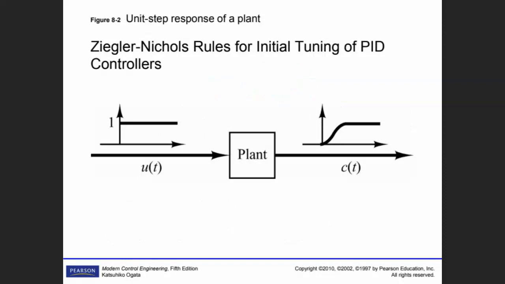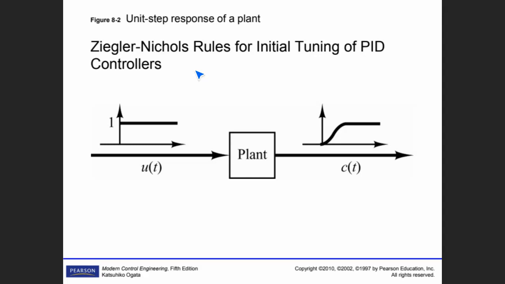Now, there are two rules. The first is the Ziegler-Nichols rule. These Ziegler-Nichols rules were established many years back, but are still used. Since you have an infinite number of values to be defined, you are going to define three values, by the way.